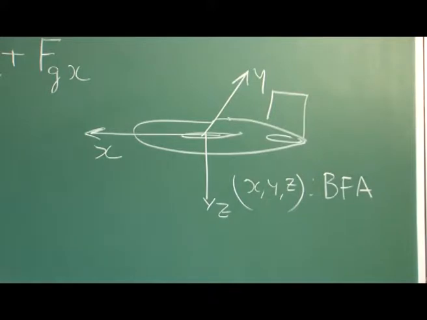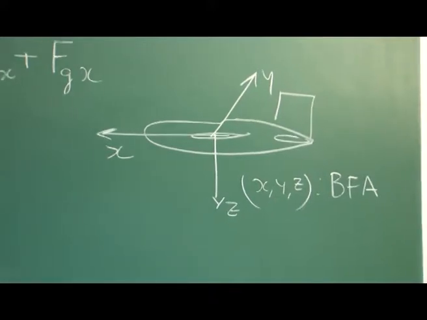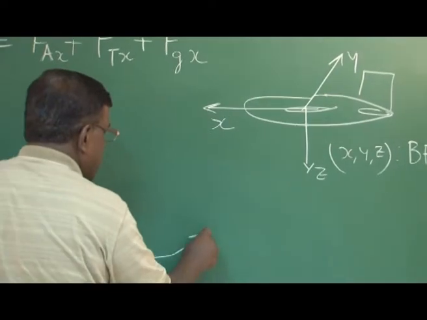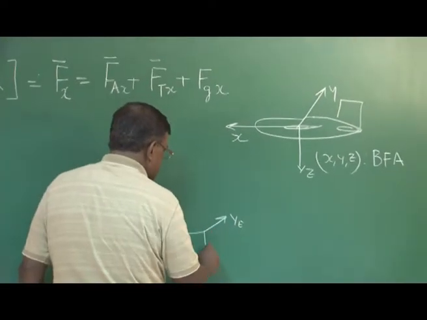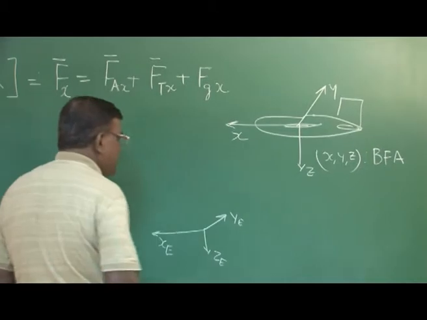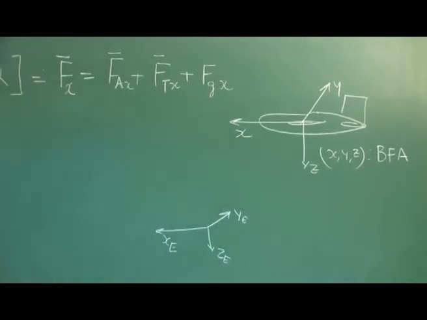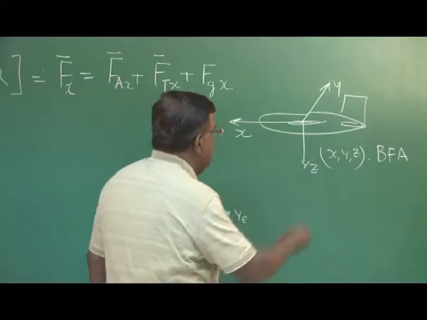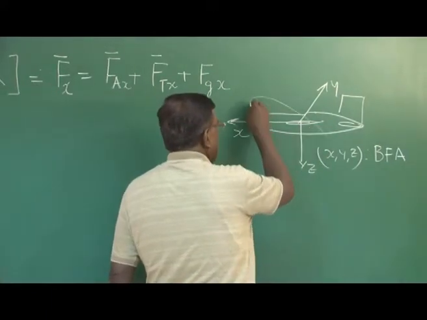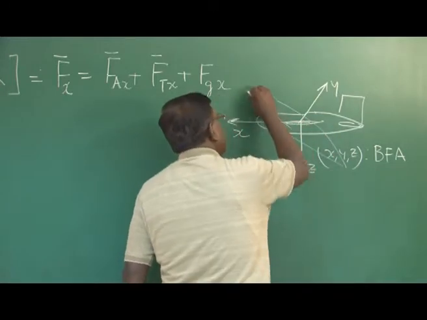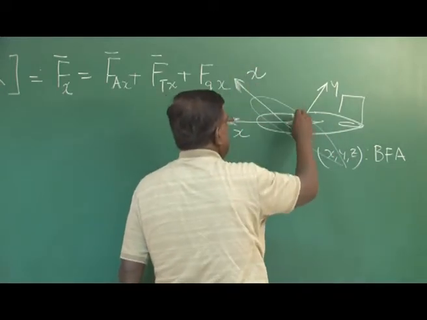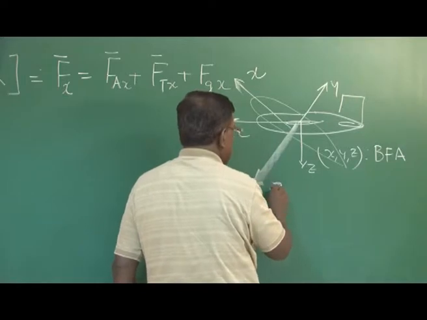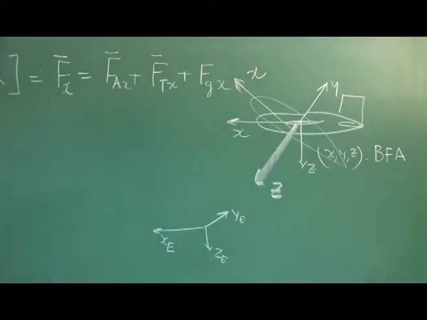Although the inertial frame of reference, if I write xe, ye and ze, their direction is fixed. However, when I am operating in the body fixed axis system, as the body rotates, let's say body rotating like this, then the x becomes this, x changes its direction, z becomes this. So there is a change in the direction of the x, y, z body fixed axis system.